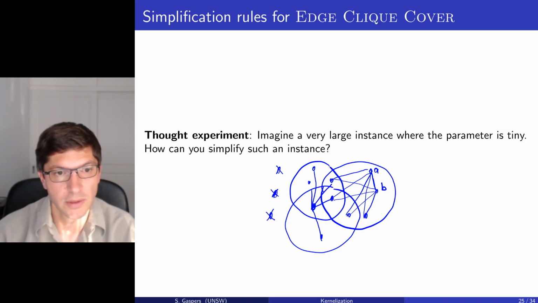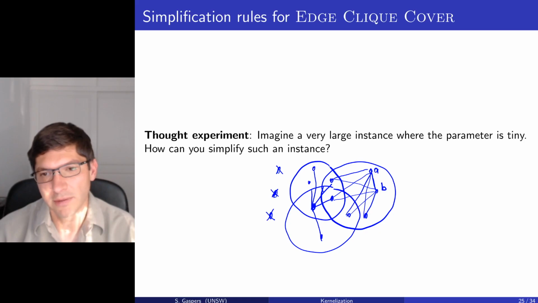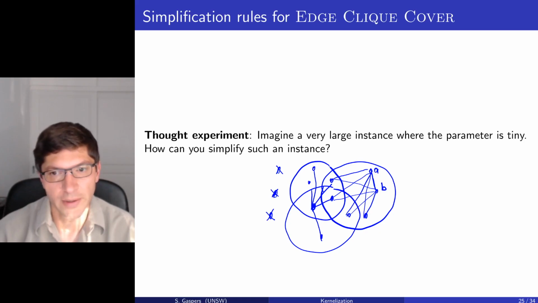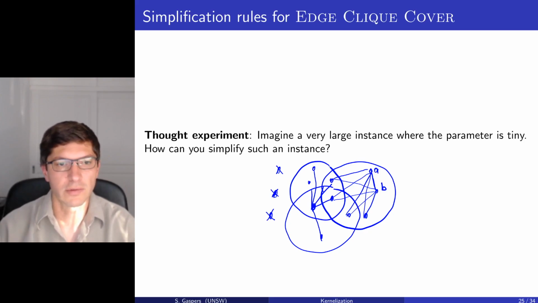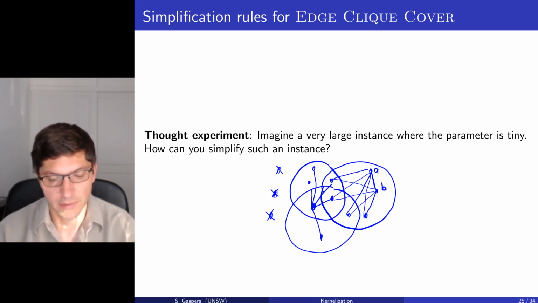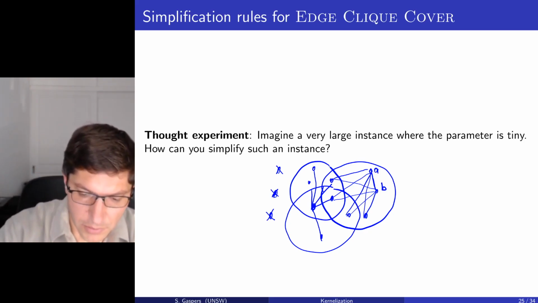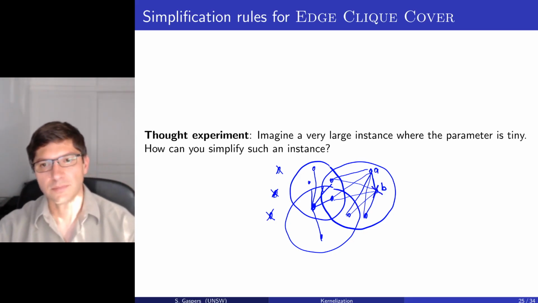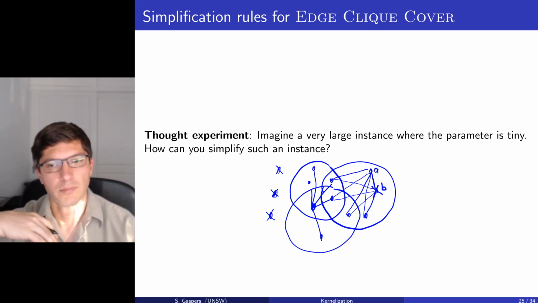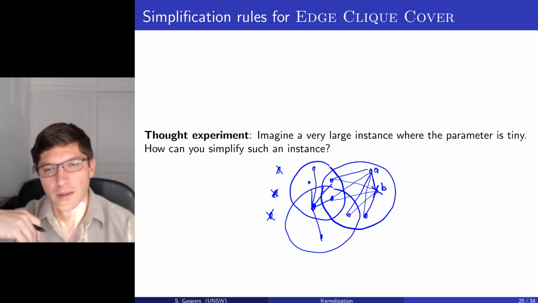It turns out we can. Let's say we cover all the edges that are incident to one of them by cliques. Now adding the other vertex to exactly the same cliques also covers the edges of the other vertex. So what we can do is delete B from the graph and solve the instance.